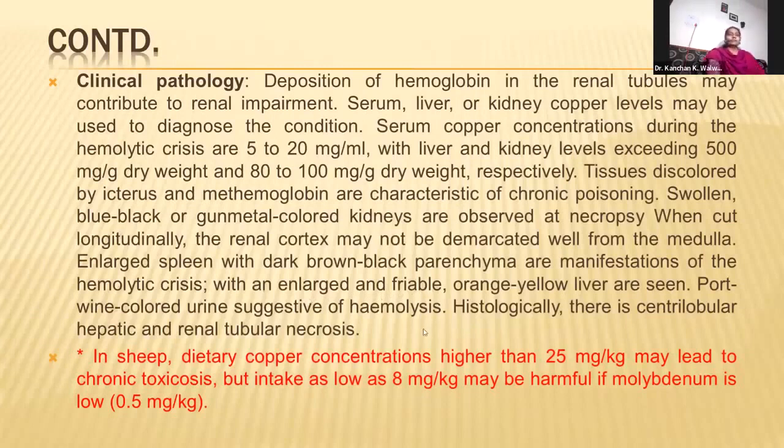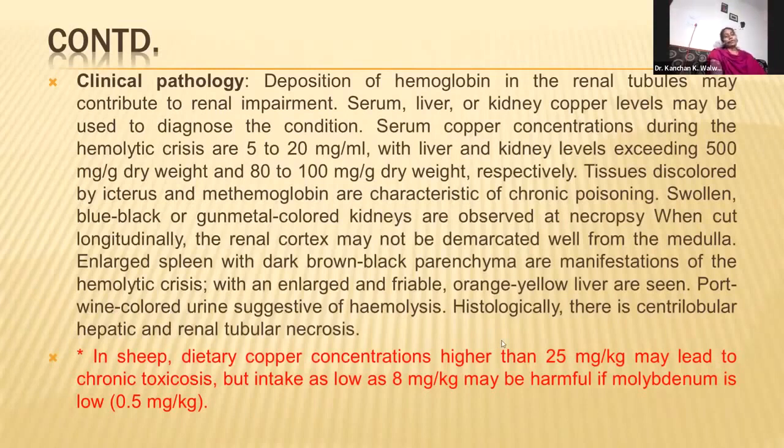And the liver will also be friable, it will be enlarged, and it will be orange or yellowish in color because of hemolysis. Again, there will be an increased amount of bilirubin, and this leads to yellowish brown discoloration of the liver. Then if you check the urine, it will be port wine colored urine or dark brown colored urine, which is again suggestive of hemolysis.